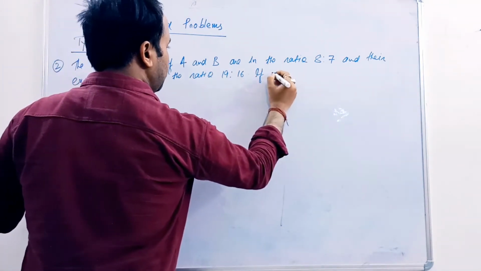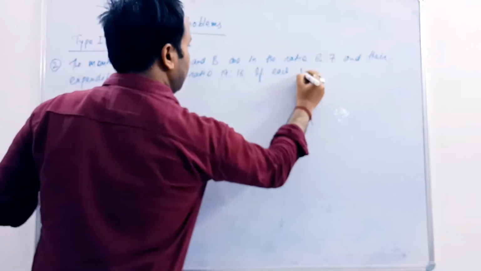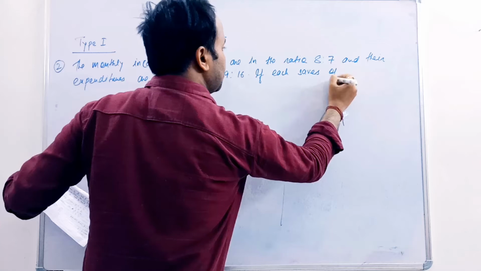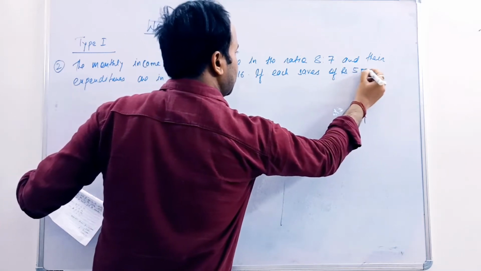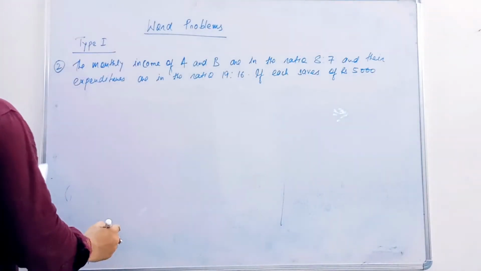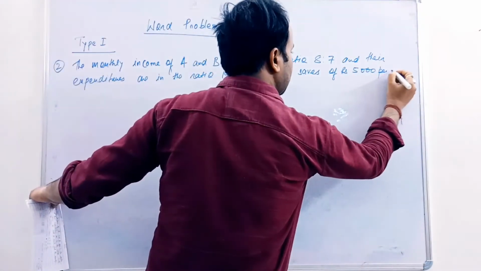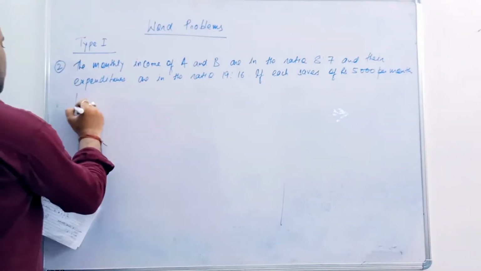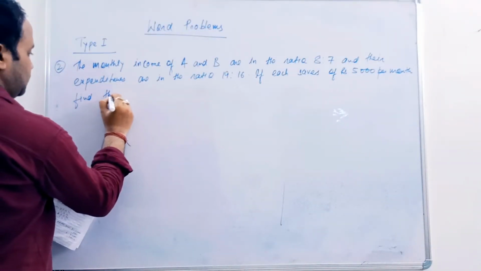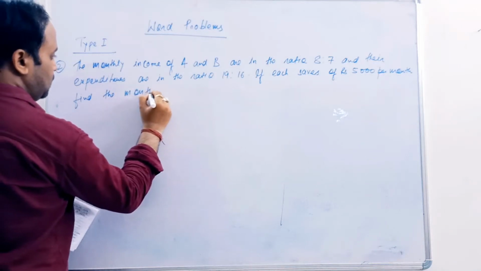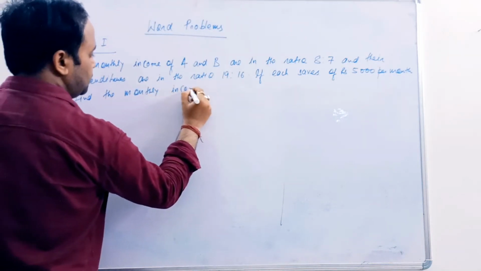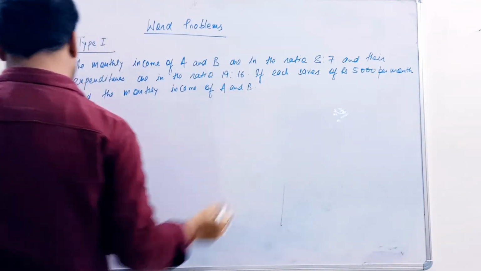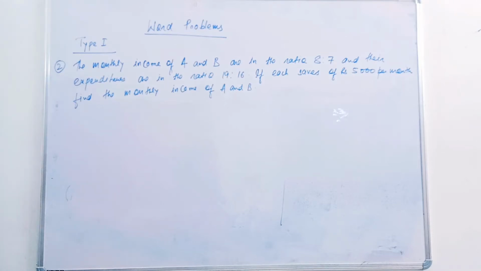If each saves 5,000 rupees per month, then find the monthly income of A and B each.